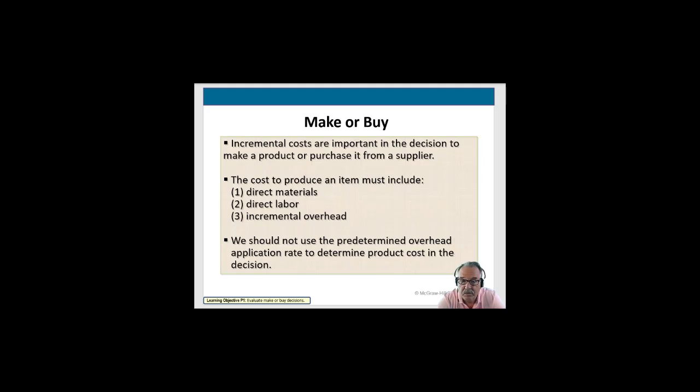Now we want to focus on variable cost because that's going to be what's going to affect it in the future. The fixed costs usually are not going to be affected, although in some cases they might, and in that case we have to take those into account.